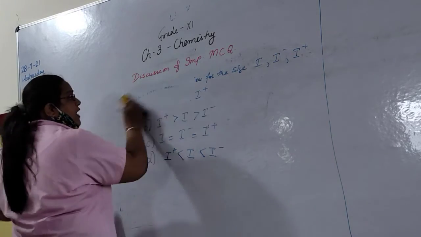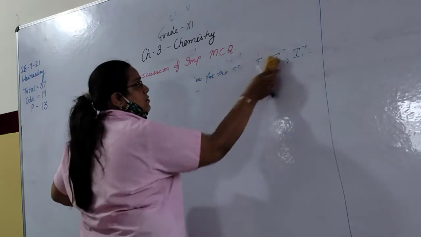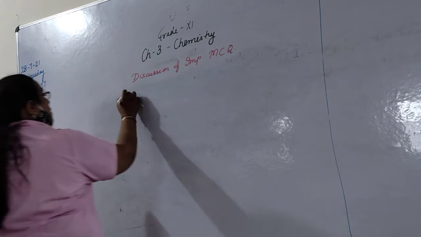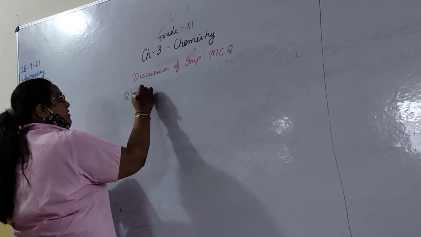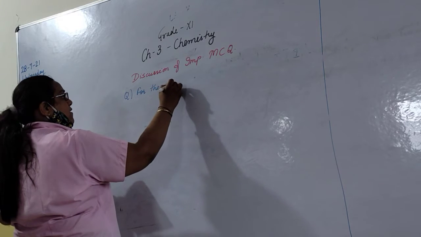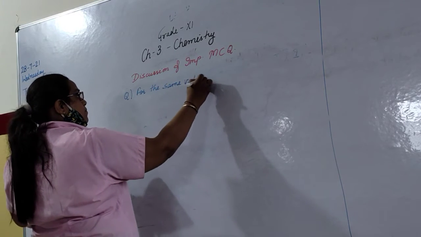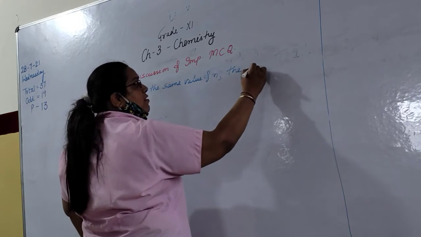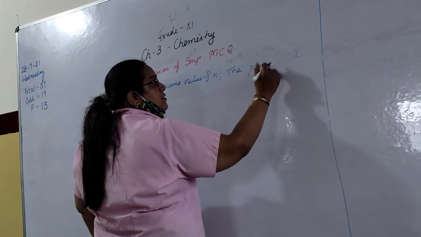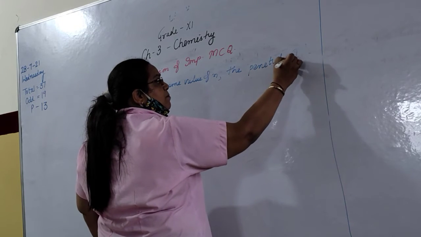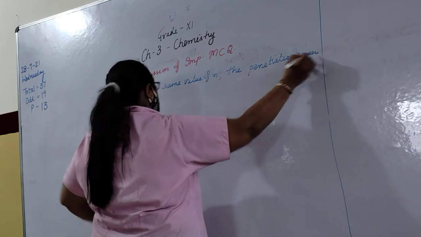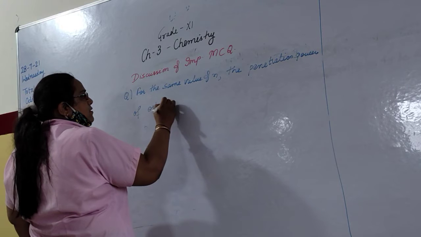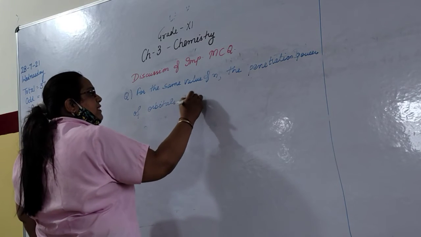For the same value of n, the penetration power, which means closeness to the nucleus, of orbitals follows the order.